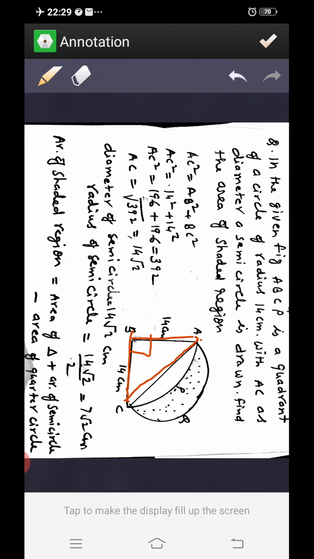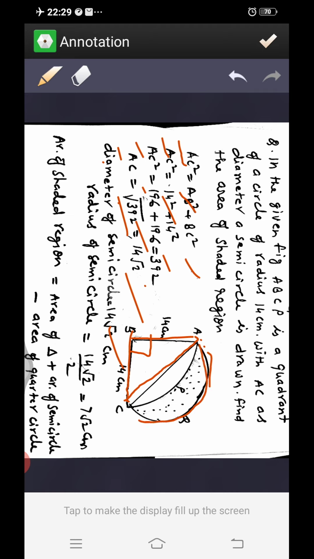Find out AC square equal to AB square plus BC square. So AC square 14 square plus 14 square, that is 196 plus 196, that is 392. So AC equal to under root 392, that is 14 under root 2.